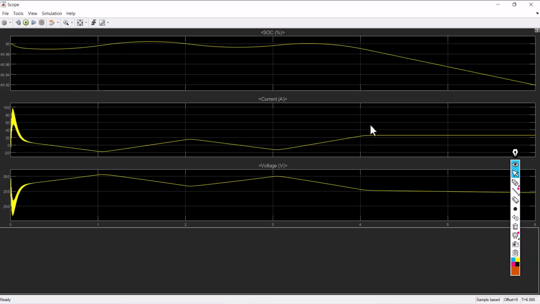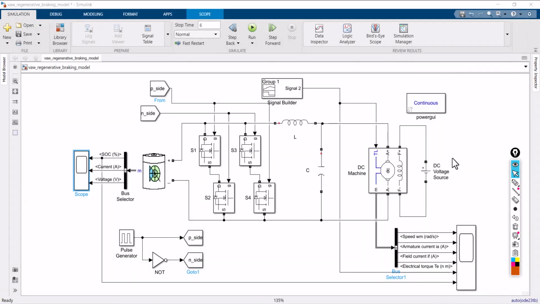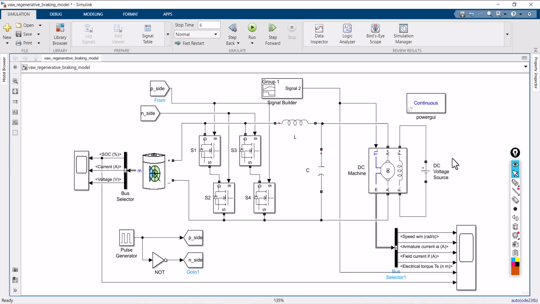See how the battery is getting charged. Up to this portion it is discharged. Again it is charging. Again it is discharging. Again charging. After that it is completely discharged. So this is the way you can learn how the regenerative braking system works in real time. Clear?